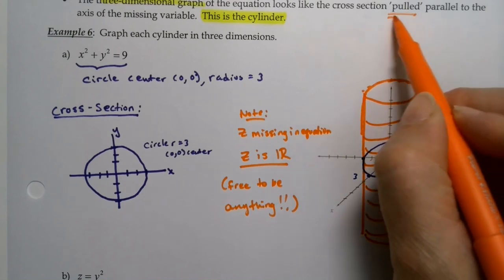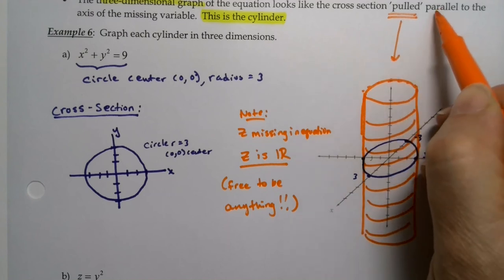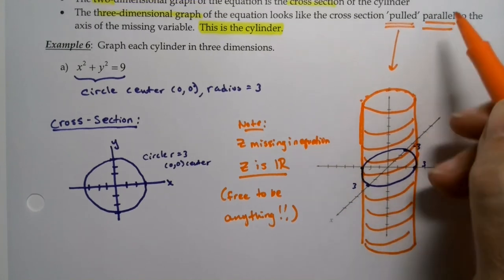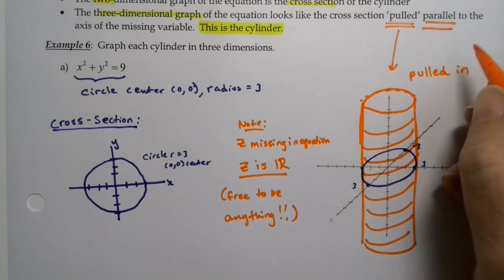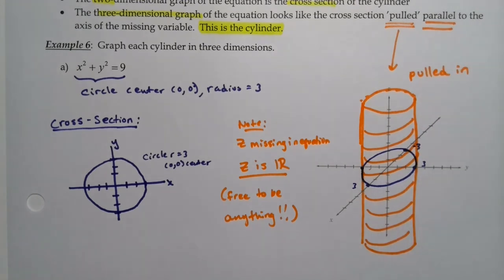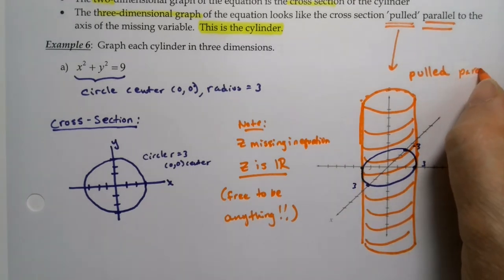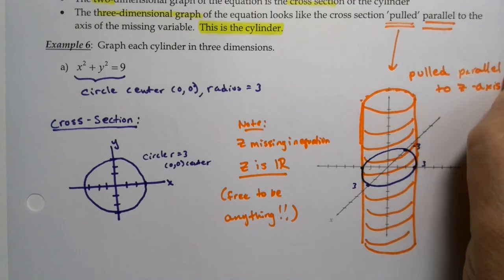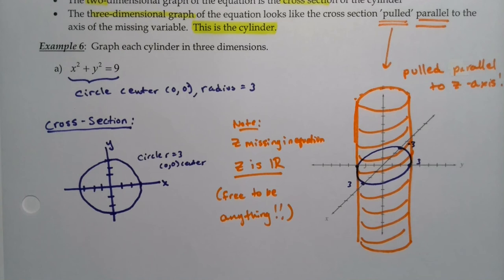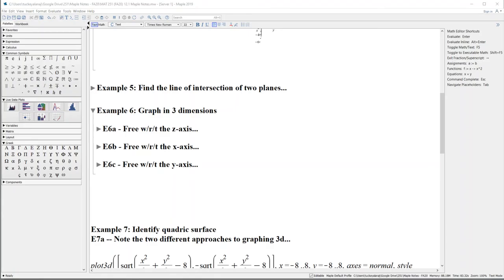It's pulled parallel to that missing axis. So it's pulled in the z direction, or I should just say parallel to the z-axis. Fun, huh? All right.